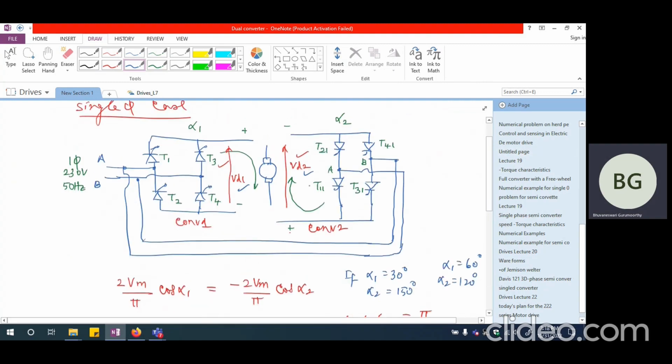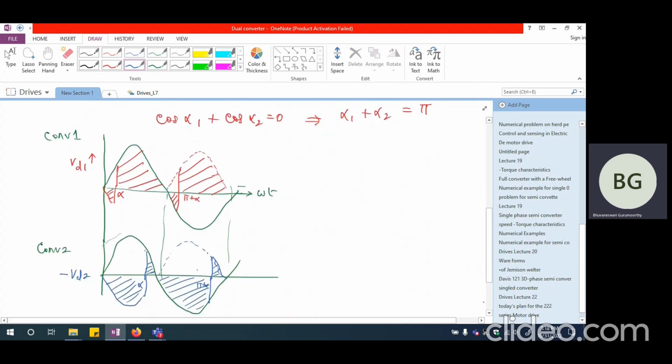So please look at what is VD2. VD2 is actually reverse of whatever is the normal positive and negative. So this is minus VD2. If I invert this and draw, I should draw it as though I am having this entire thing, and then from here the rest of the sinusoid coming up like this. And again, I'm going to have this coming up like this. So this is going to be the kind of waveform I'm going to have for VD2.